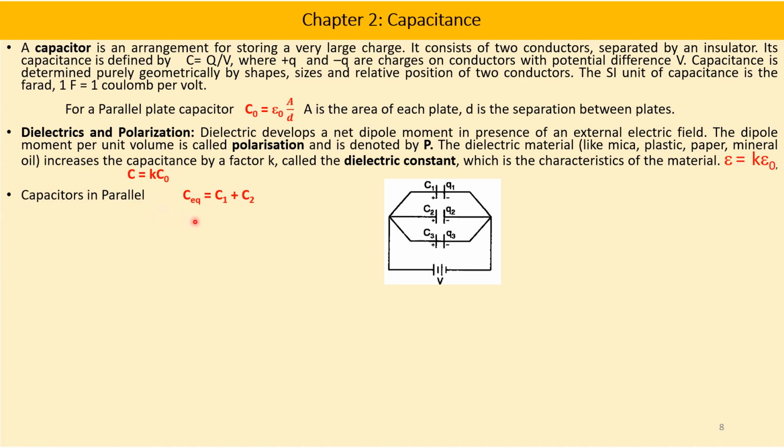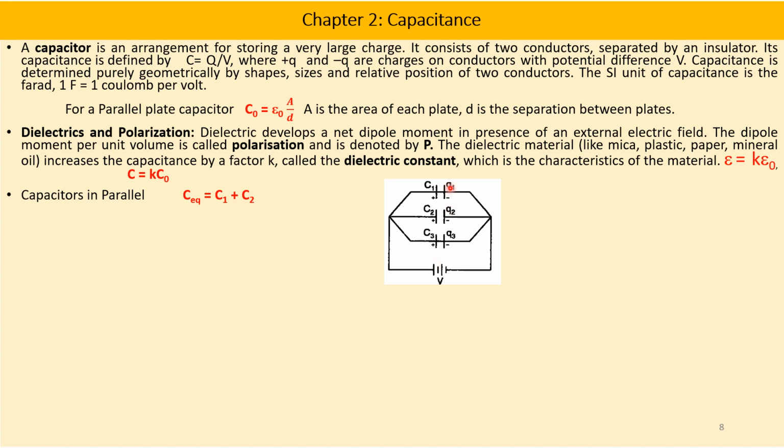So there are two cases, capacitance in parallel and capacitance in series. Let us first take up capacitance in parallel, as shown in the figure. Here C1, C2 and C3 are three capacitors connected in parallel. Their one end, that is the positive end, is joined together on one side and is connected to the positive side of the battery.